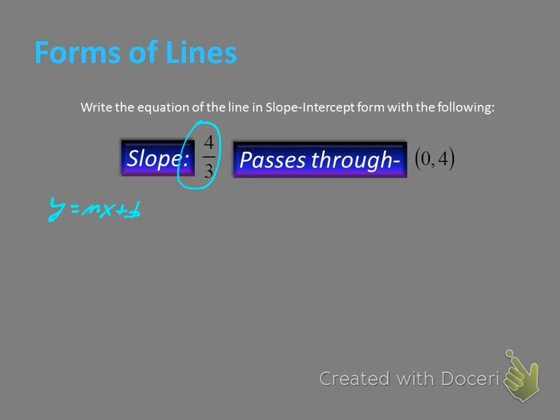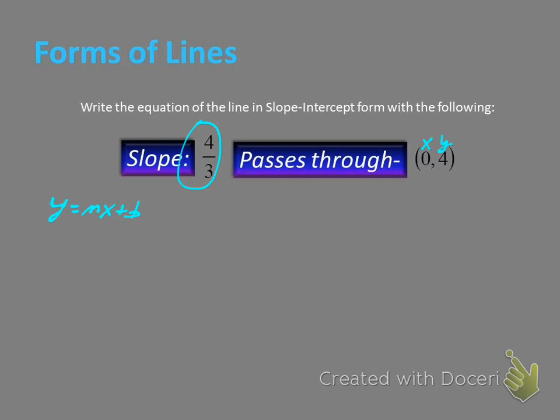Now remember, y equals mx plus b, right? And as we said in the last slide, m is my slope, which is 4/3. b is my y-intercept, which we don't know. And x and y are my coordinates, correct? Which means that this 0 here is an x, and that 4 is a y. So you can plug all of that in.